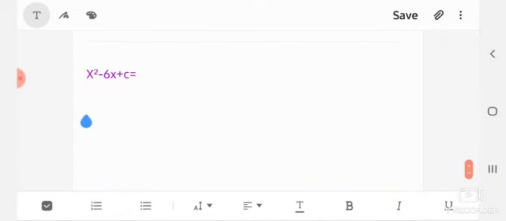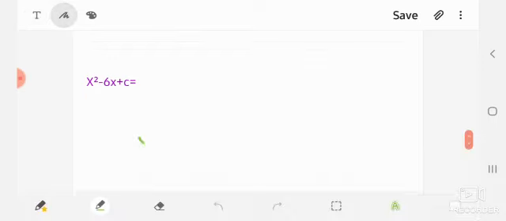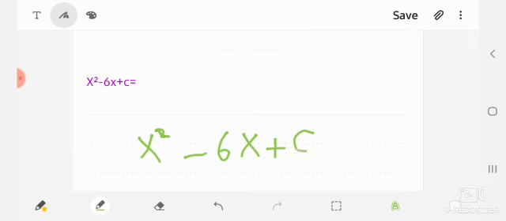This example says that it needs the value of c. To get the value of c, what shall we do? We have this equation, x squared minus 6x plus c.